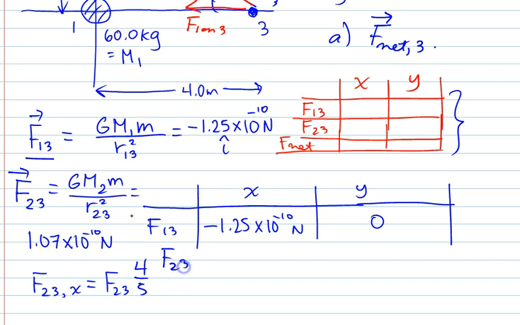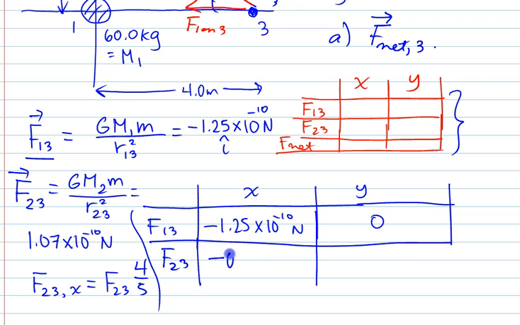Okay, so if I put F23 in my table here, I'm going to get negative 0.85 times 10 to the negative 10th newtons.